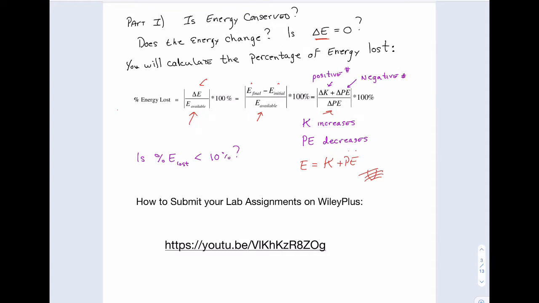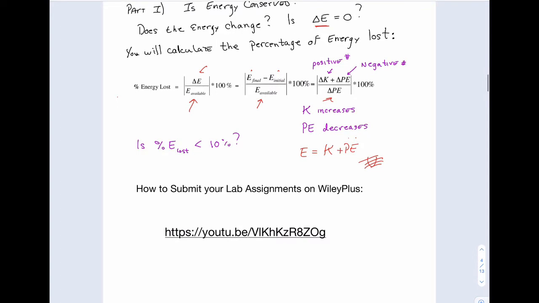So my final energy minus my initial energy, that's just my change in energy. So my change in energy is my change in kinetic plus my change in potential, and I'm doing this in absolute value, because if you wind up with less energy, that'll be a loss. If you wind up with more energy, which you shouldn't, that would be a gain. So we're just taking this as the absolute value.